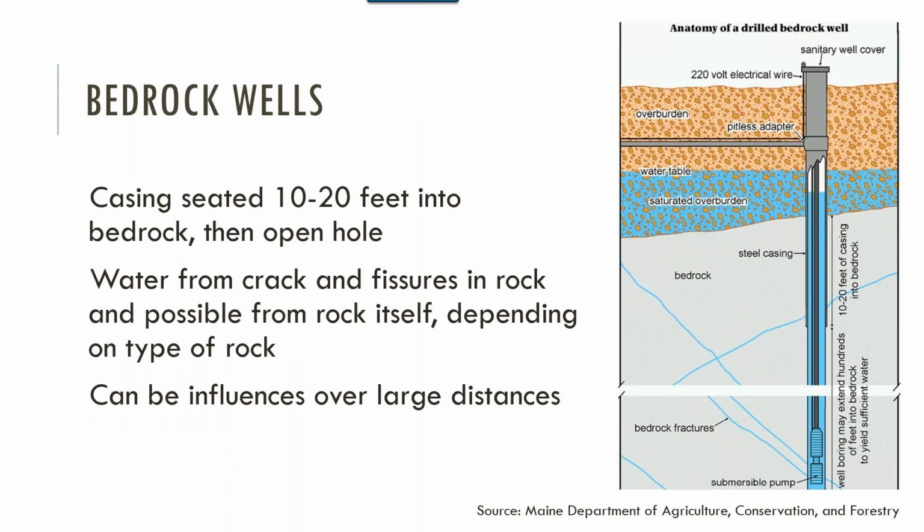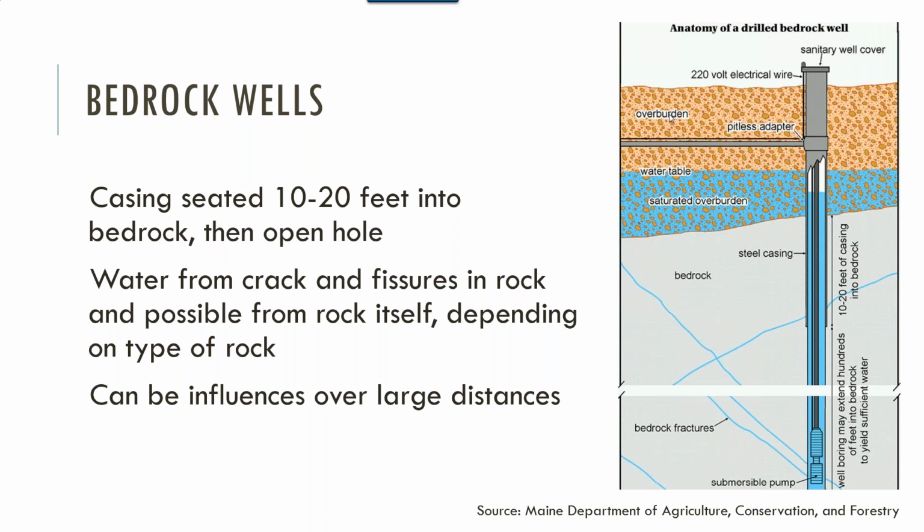On the other side of the fence, if you will, are bedrock wells, which typically, as shown on this diagram, are only cased 10 to 20 feet into bedrock. So on this diagram where it shows overburden and saturated overburden, there are a lot of places in the country where bedrock's right at the surface or very near the surface.